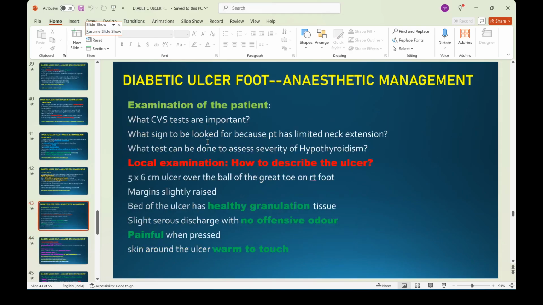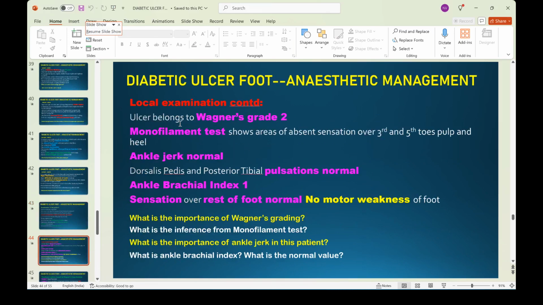And in examination of the patient, you have to go through all the regular examination. And for the ulcer, you have to assess the Wagner grading and also do a monofilament test for absence of sensation. A painful infected wound in the leg can be painful or painless. When it is painless, it indicates that the patient has already developed diabetic neuropathy. If it is painful, that means he still has normal neurological function.